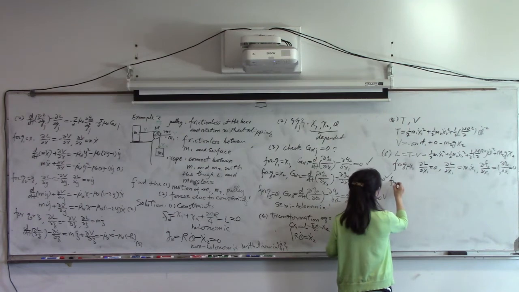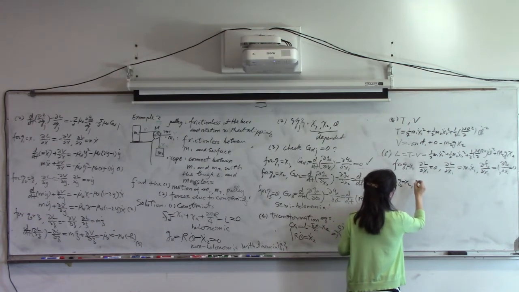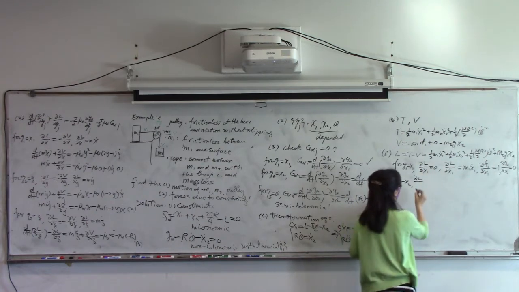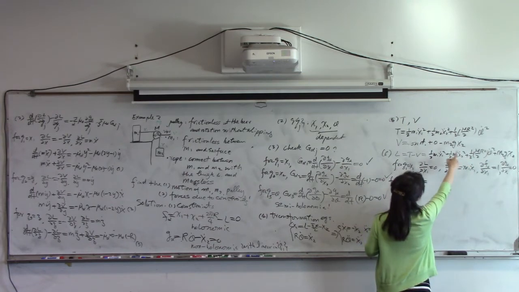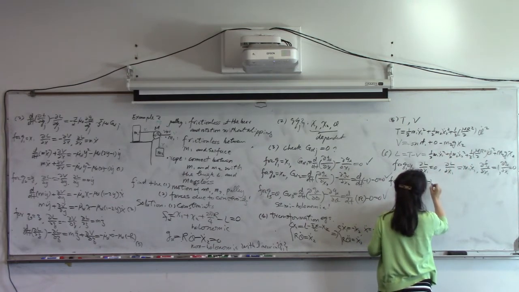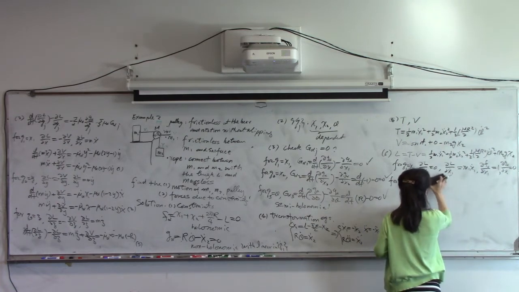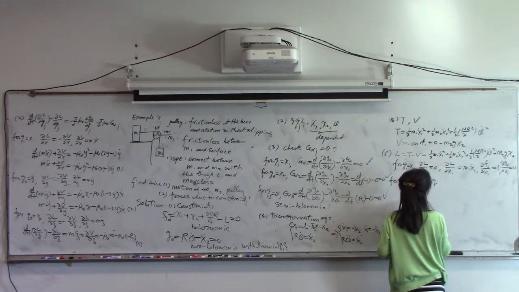Then for the second one, Q2 equal to x2, again we look at each term, and then substitute them into the Lagrange equation. Partial L, partial x2 is m2 g.